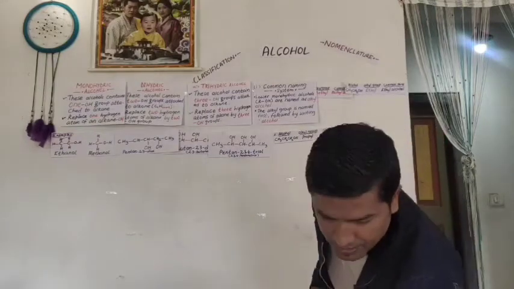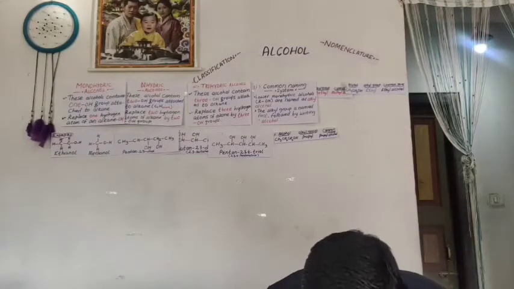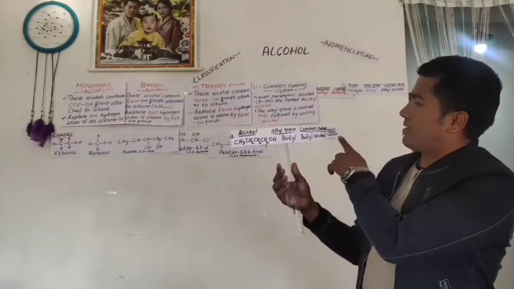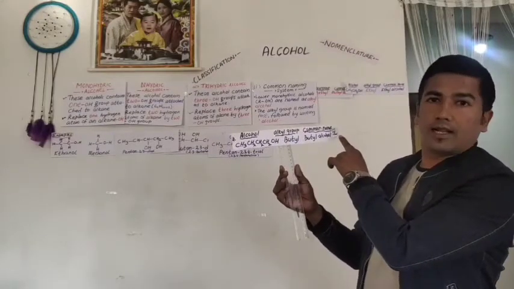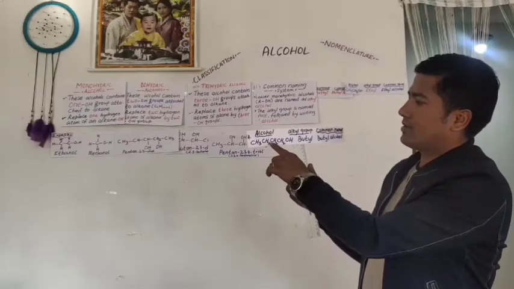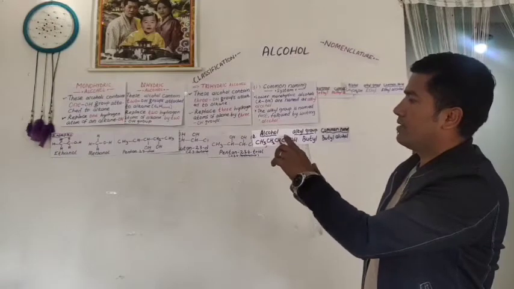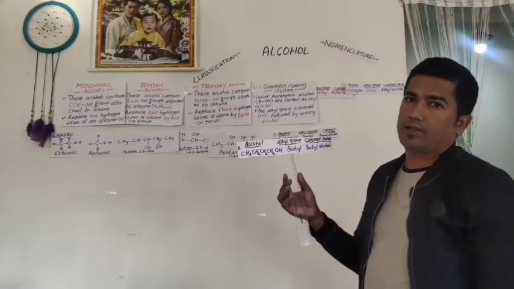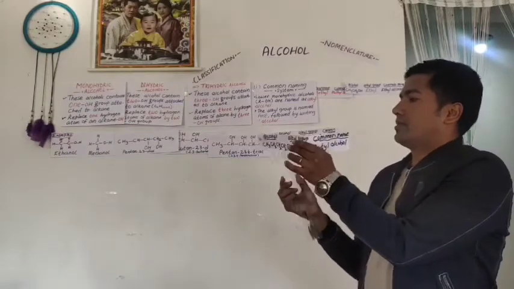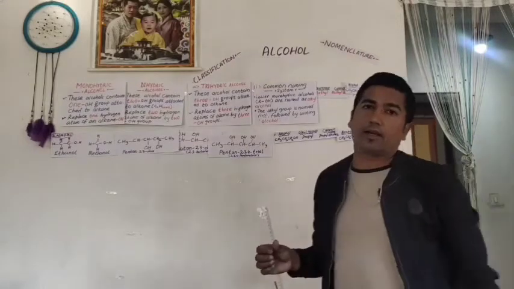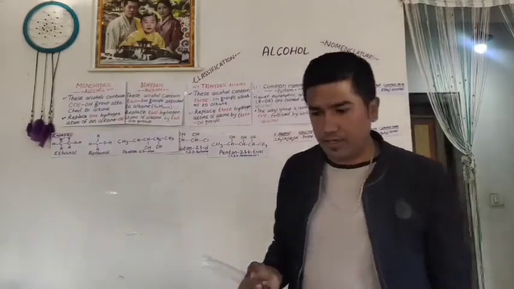Then the fourth example, the last one. We have the alkyl group, then the common name. This is butyl alcohol: CH3CH2CH2CH2OH. You can see 1, 2, 3, 4 carbons, butyl. So butyl alcohol. This is how alcohols are commonly named.